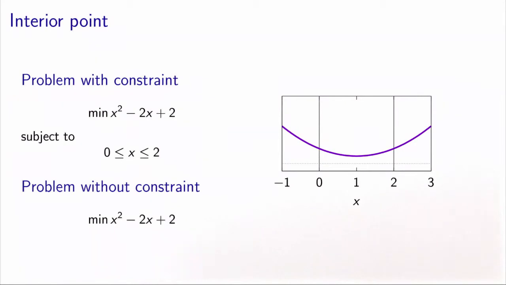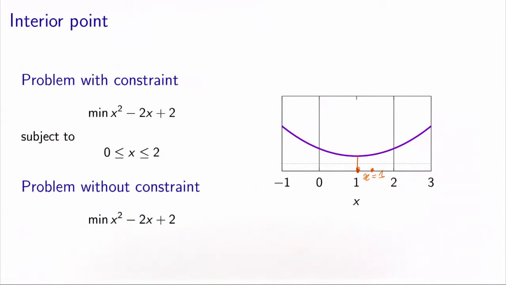And you can verify that the optimal solution is at x equals 1. Now let's consider the other problem without constraint that consists in minimizing the quadratic function. Well, as you can see, you will achieve the exact same solution. So somehow here the constraints do not play any role.